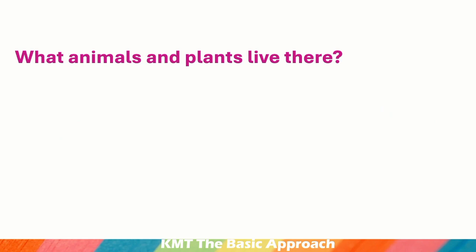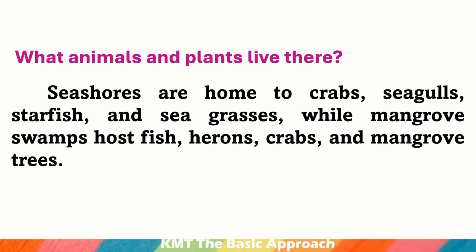What animals and plants live there? Good job! Seashores are home to crabs, seagulls, starfish, and seagrasses, while mangrove swamps host fish, herons, crabs, and mangrove trees.